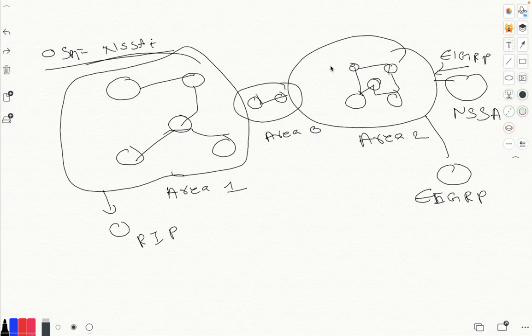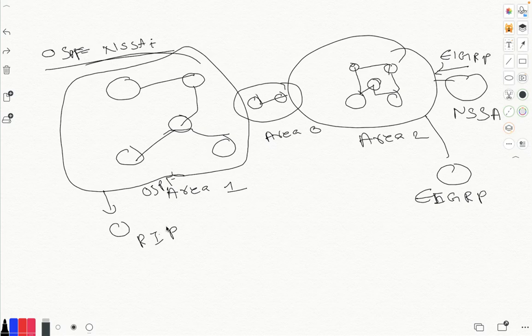The redistributed routes from the RIP routing internet protocol router will not be allowed into OSPF area 1.